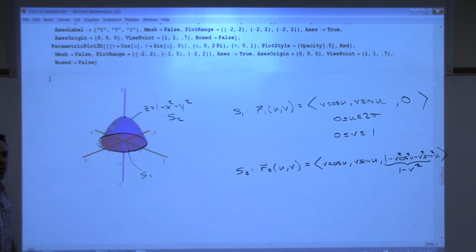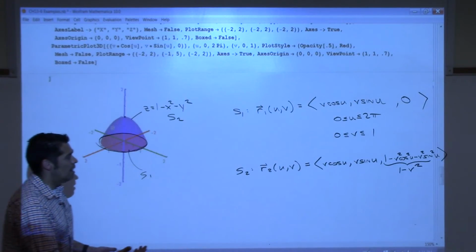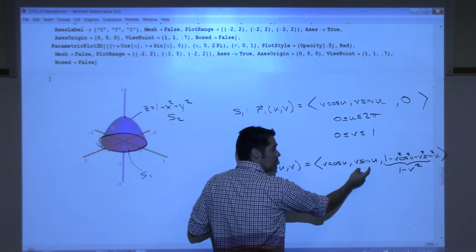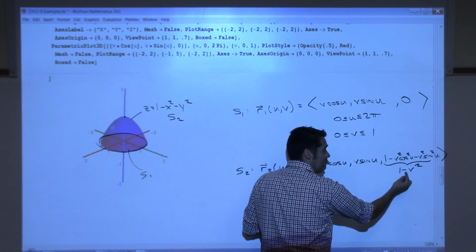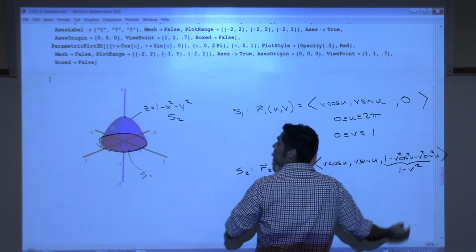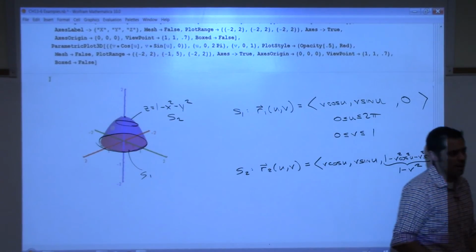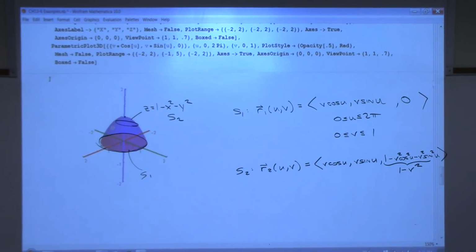Then if I let v be a half, I'm going to get a smaller radius, and z is actually going to be 1 minus a fourth, 3/4. So I'll be up here drawing that circle. Does that make sense? So you've got to have that v to vary the radius as you move up and down.